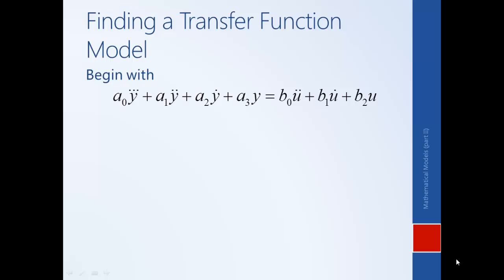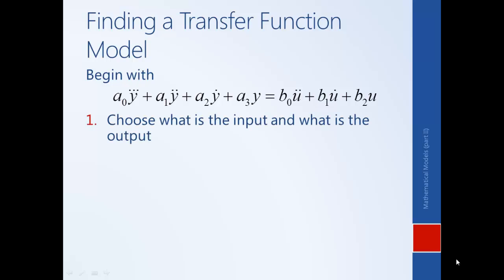So we, for example, could derive the differential equation model from first principles and then transform it into transfer function form. First, we need to identify what is the input and what is the output. In this case, let's go ahead and say that y is the output and u is the input.